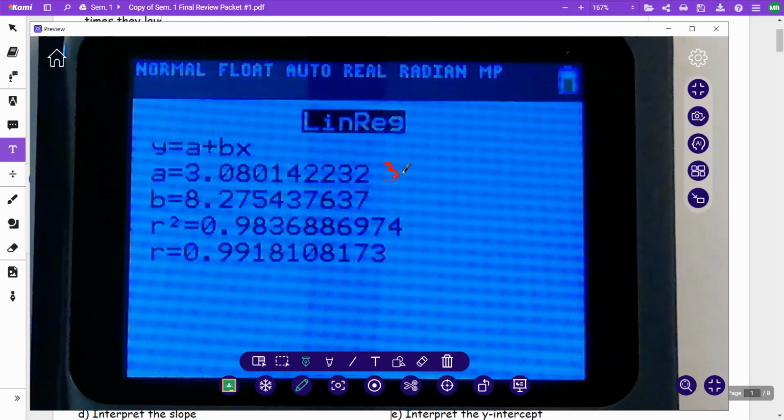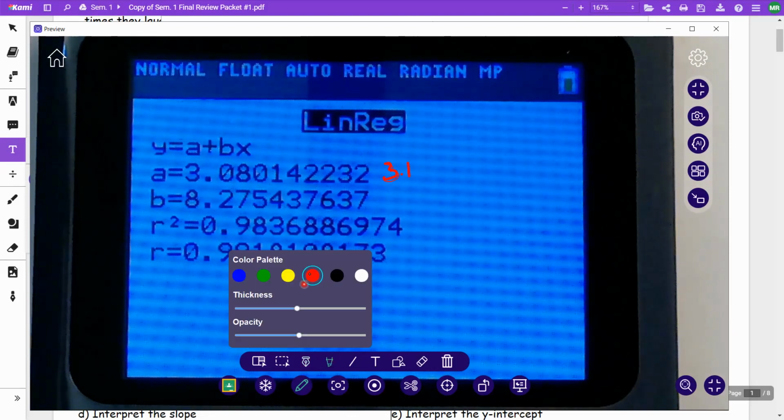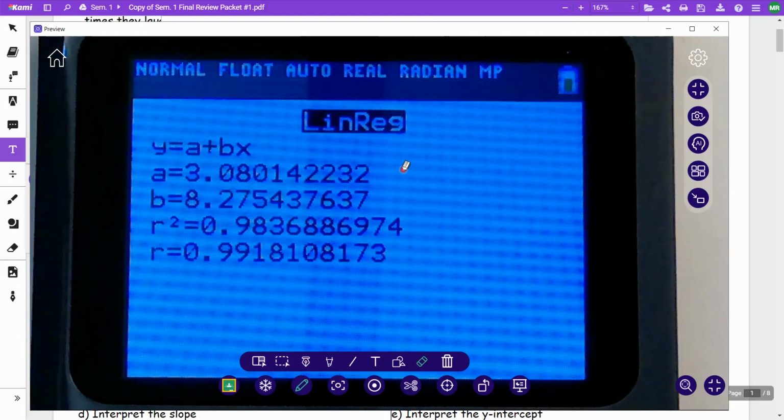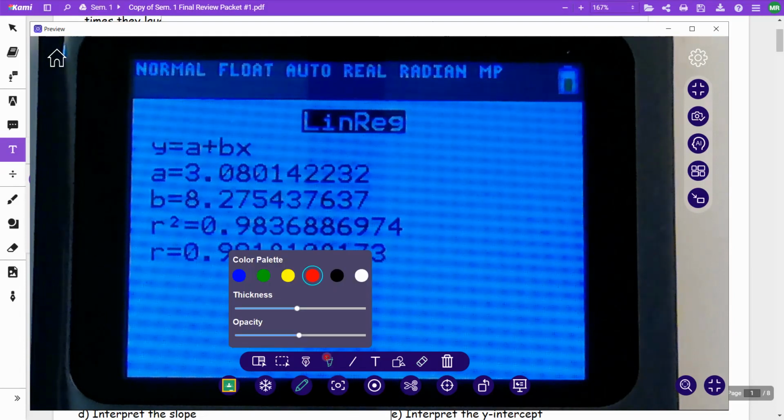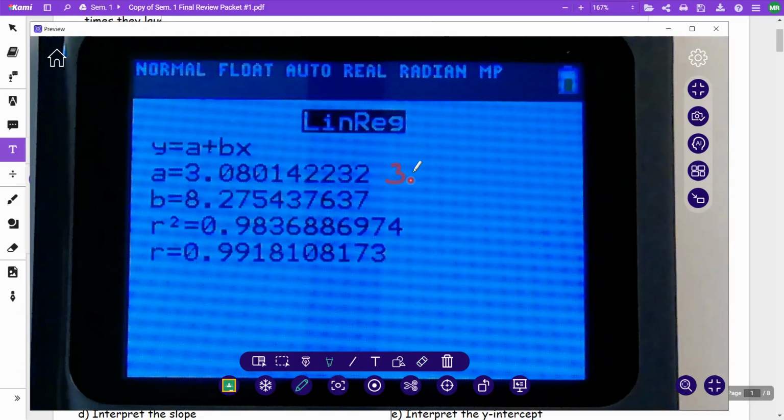So I'm going to say 3.1. And then, let's see, maybe this one will be better. Okay, so 3.1. And then my B is going to be an 8 point, let's say 3.